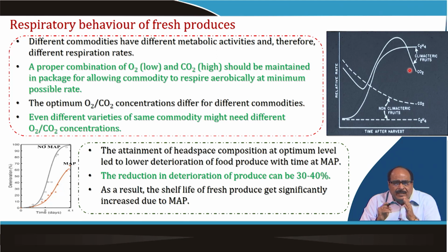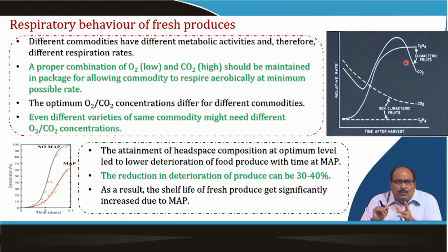Different commodities have different metabolic activities, therefore different respiration rates. So, a proper combination of oxygen and carbon dioxide should be maintained in the package for allowing the commodity to respire aerobically at a minimum possible rate, as I told you.